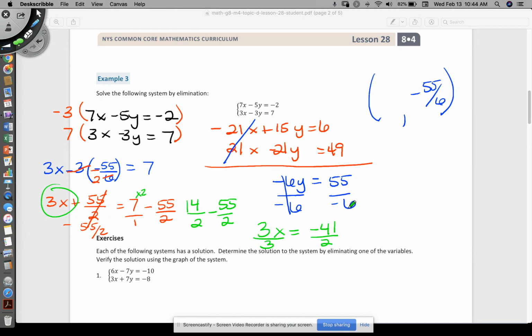I'm going to divide out that 3, and when I actually divide by 3, I multiply by 1/3 because I multiply by its reciprocal. Remember, you flip it around. And I can check my diagonals, nothing's going to reduce, so I just multiply straight across, and my x is going to equal -41/6. And there's my answer there.